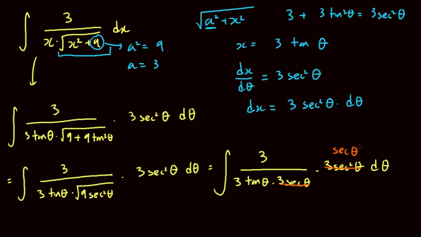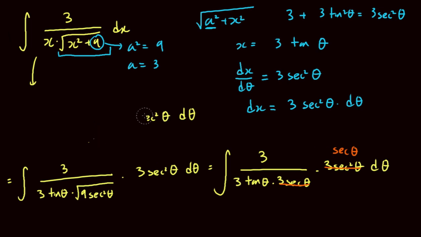And once you have sec theta, let me just erase this first part, by the way, so we'll have a bit of space. So we'll end up having 3 sec theta over 3 tan theta d theta.